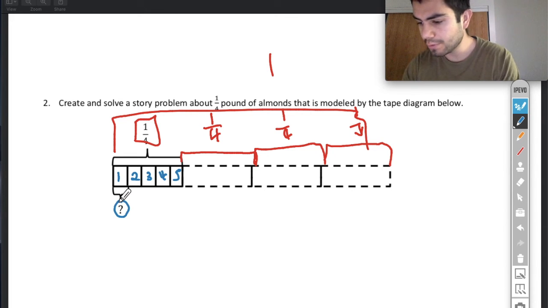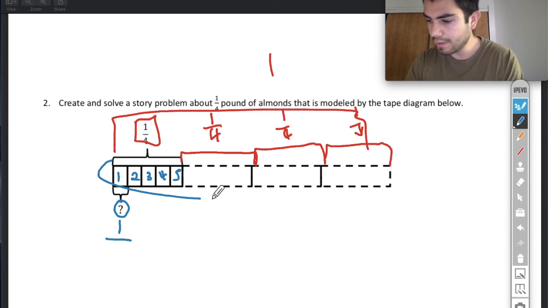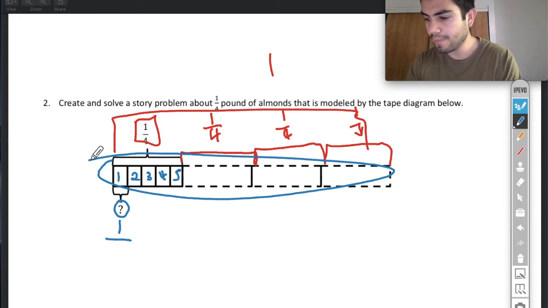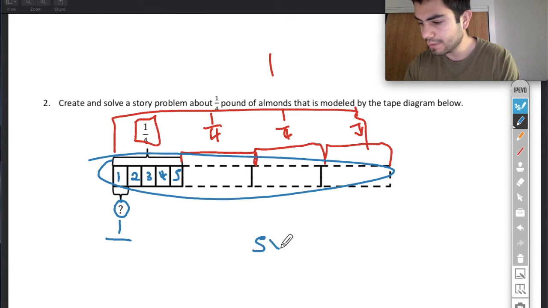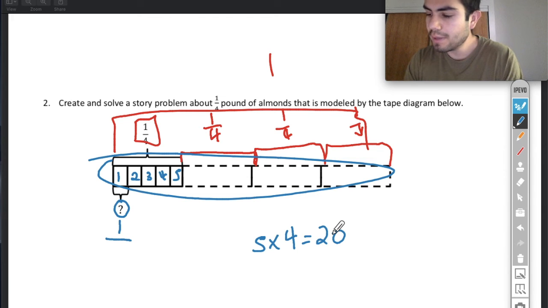Well, this one is worth 1 out of, how many total would it be? Okay, so again, we have 5 here times the 4 that we're going to do here, which gives us 20. So that means that this little piece is worth 1 out of 20.